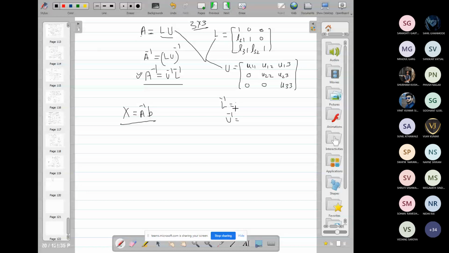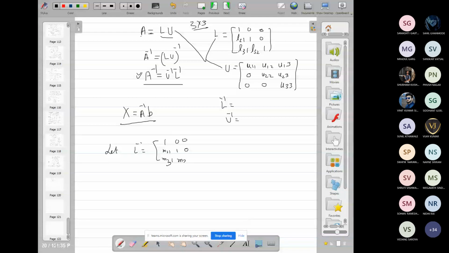Suppose we have taken L like this, and let L inverse be 1 0 0, M21 1 0, M31 M32 and 1.